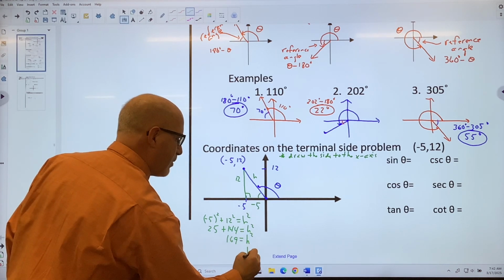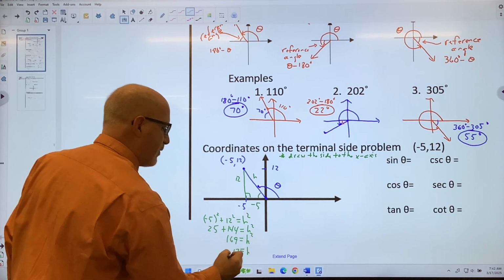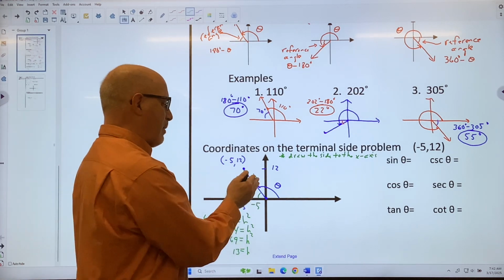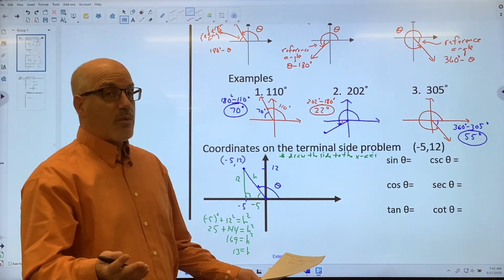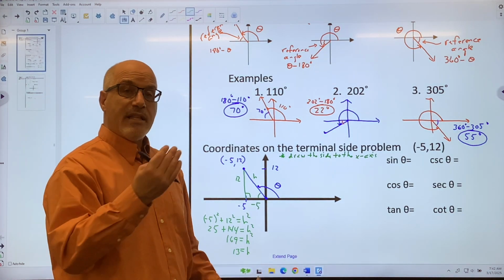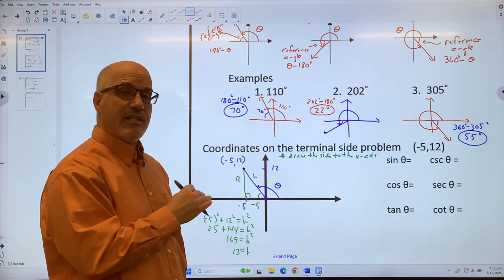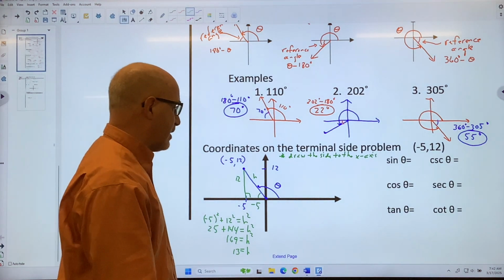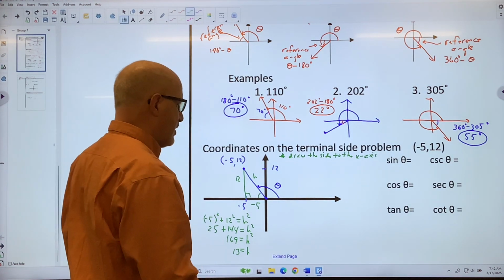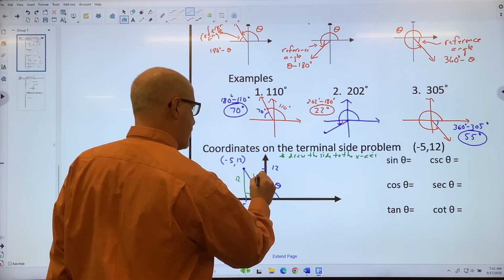So you take the square root and you get 13. If you remember your Pythagorean triples, you might remember 5, 12, 13, so you might get there a little quicker. Sometimes you'll have this not simplified to a nice integer. It might actually have a square root on the problem, which we would leave in. We'll look at some of those later. So this hypotenuse is equal to 13.